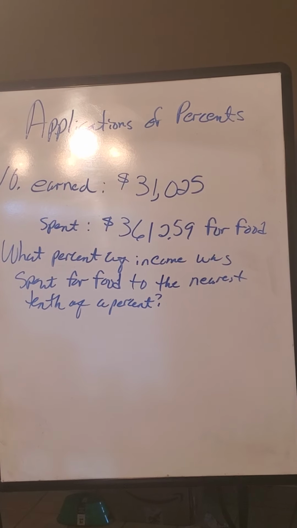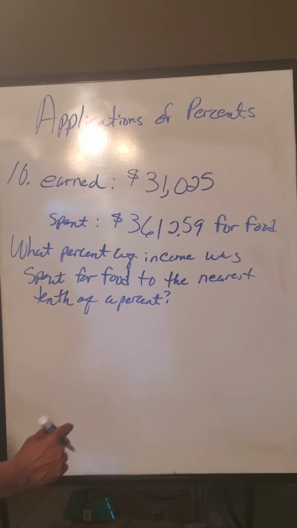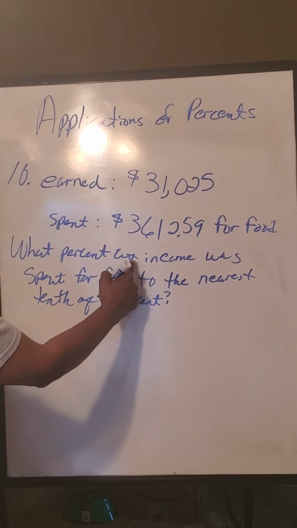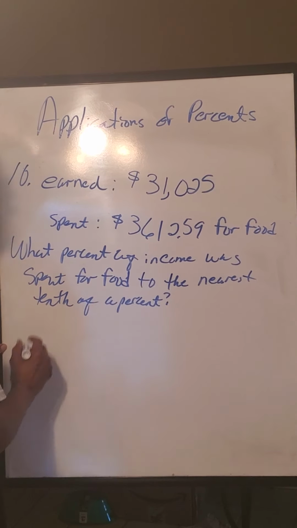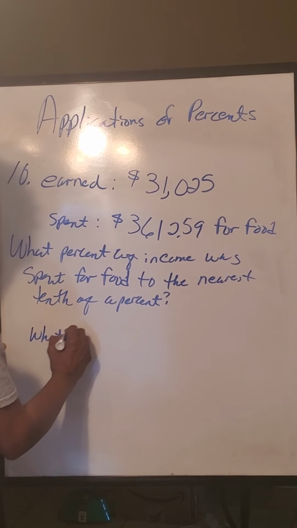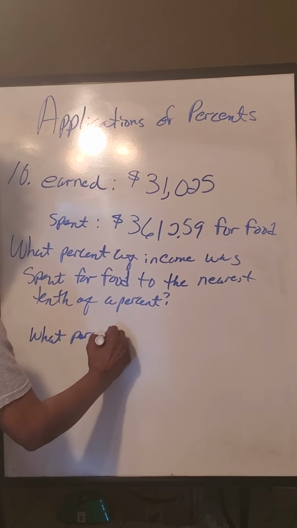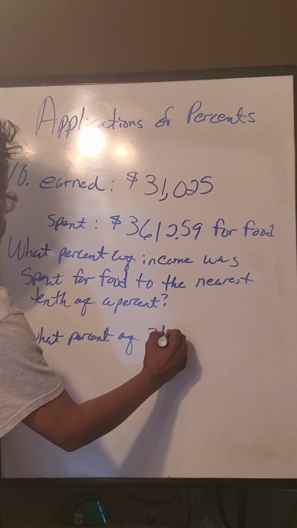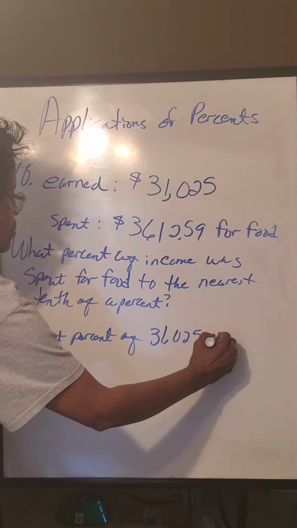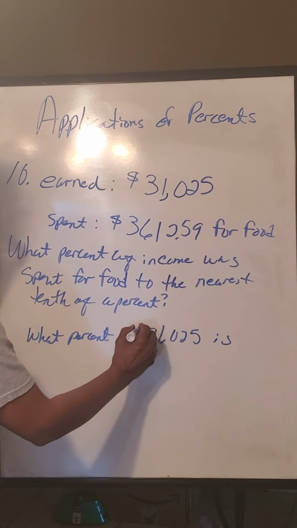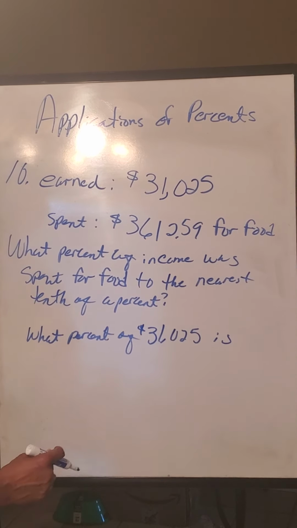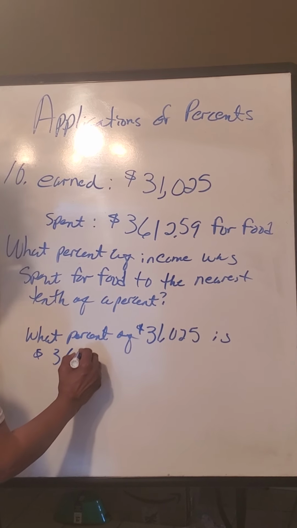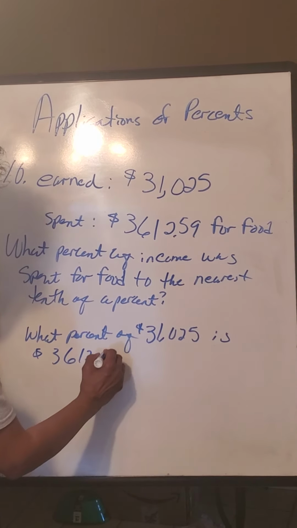So what we're going to do is write us a quick statement. What percent of the income was spent? So what percent of what I earned, $31,025, is that $3,612.59?